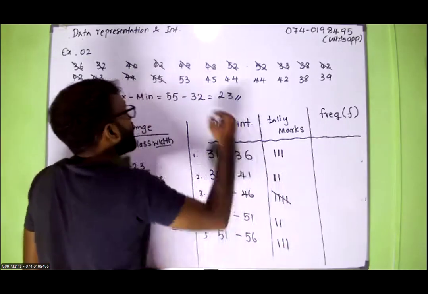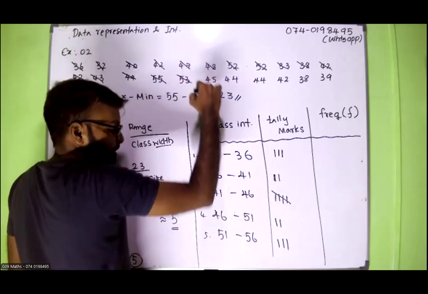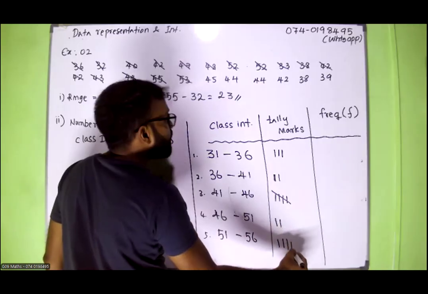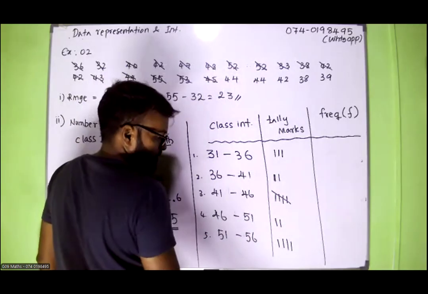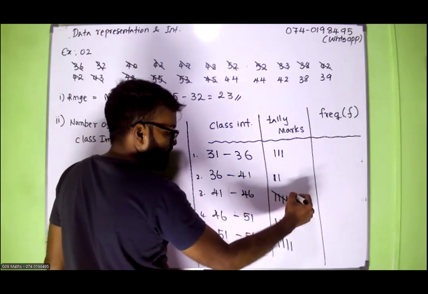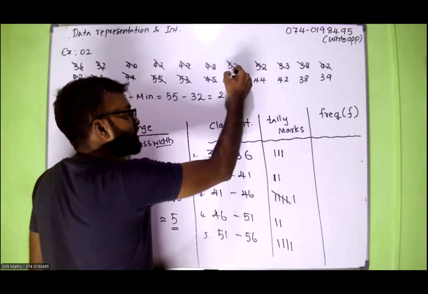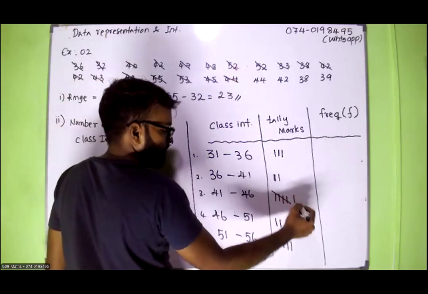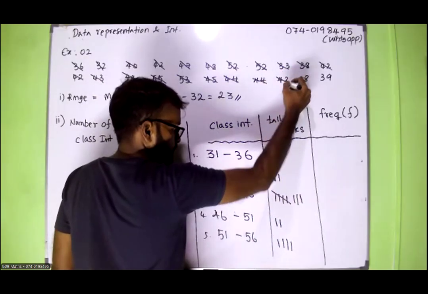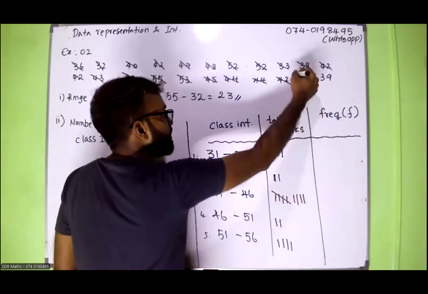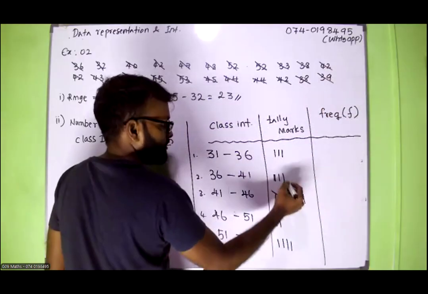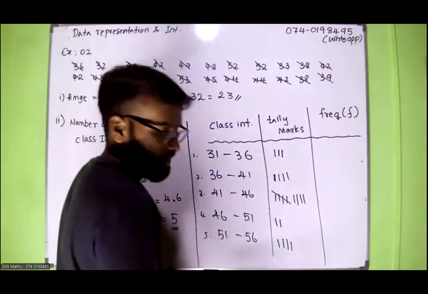Fifth one, 53, fifth one, 45. Fourth. 45, third one, 44, third one, 42. 38, second one, 39. Second one. Okay.